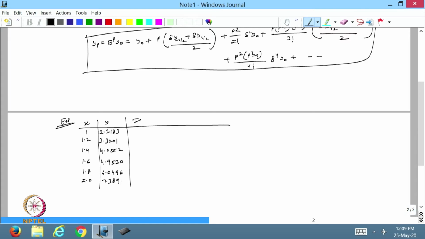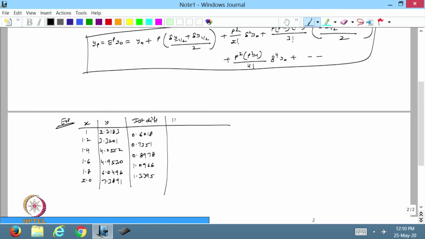Now, I will take the difference table. I will write the first difference. Again, these are the 6 values. The first difference is 0.6018, 0.7351, 0.8978, 1.0966, 1.3395.